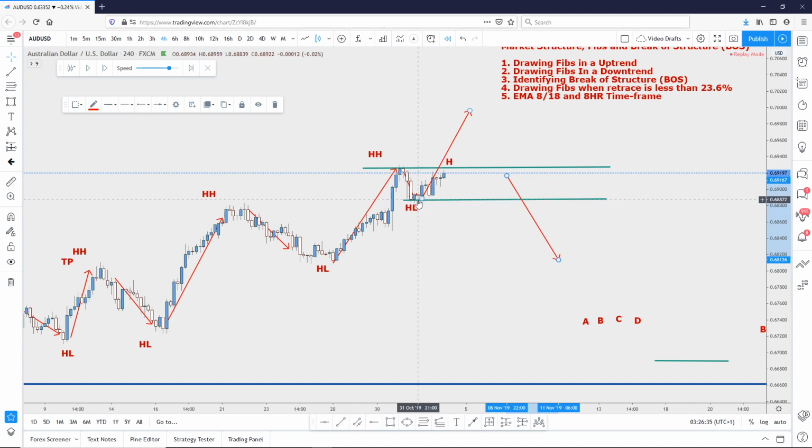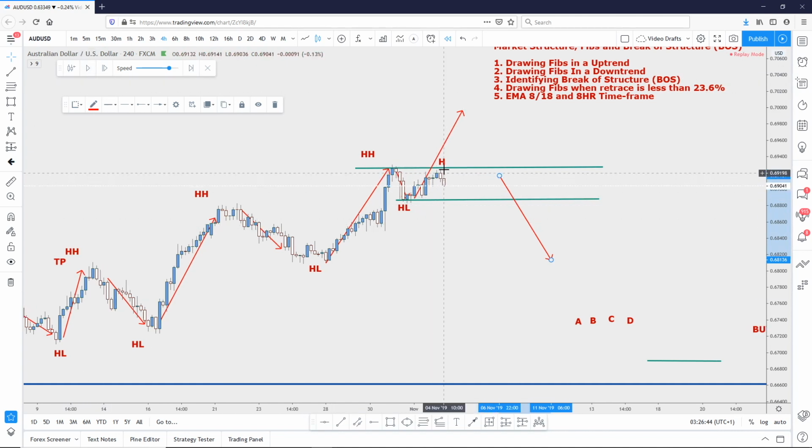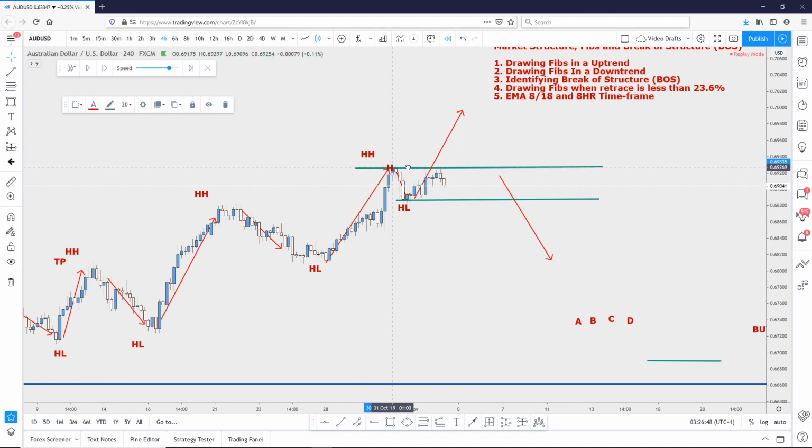So if we were measuring, say this was point A, this is point B. Let me play the next candle. So you see that it formed a proper high. So instead of making a higher high, you have a double top now, right? Something has changed. So we can pull out our Fibonacci tool, run Fibonacci from here to here.